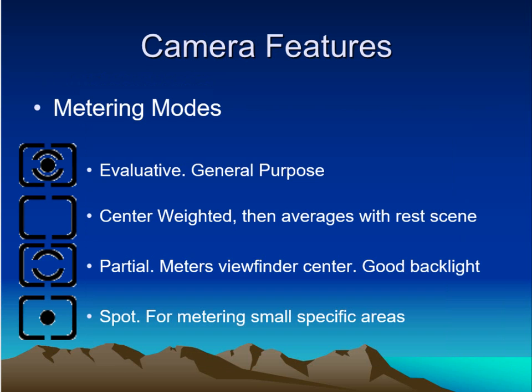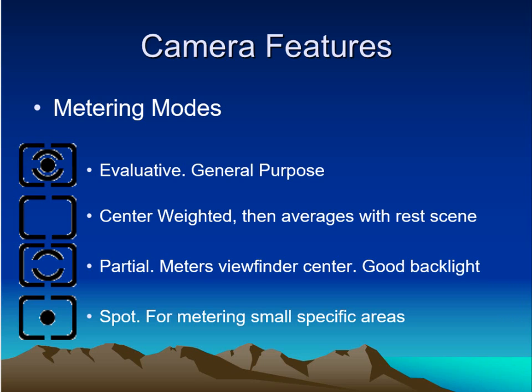So one of the things that also comes with your camera is different metering modes, and this is how your camera reads the scene and makes a determination on the exposure that it's either going to use, like if you're in aperture priority, or the exposure combination that it's recommending if you're in manual exposure mode.